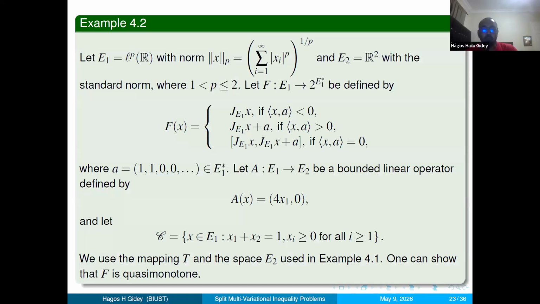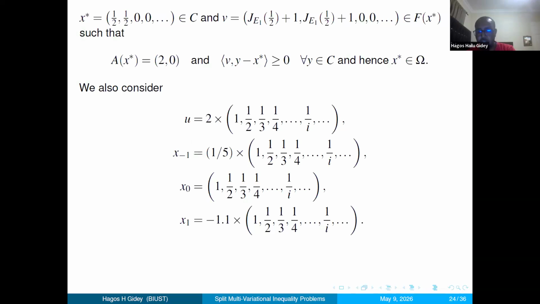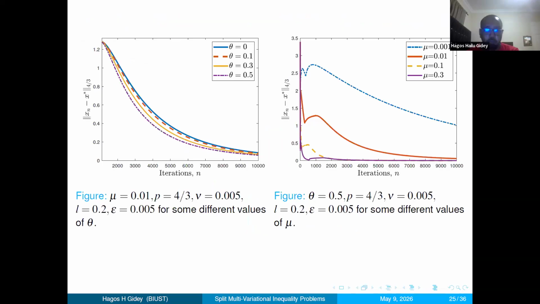Okay, and this one is for small lp, for p between 1 and 2. That means when p is 2, it's a Hilbert space. When p is between 1 and 2, it's a Banach space, but not Hilbert. That's why we have two values of p, p equal to 4 over 3, which is between 1 and 2.